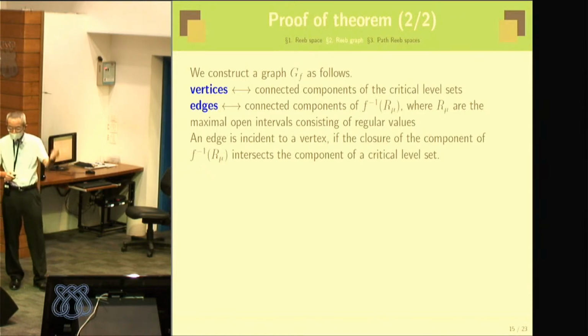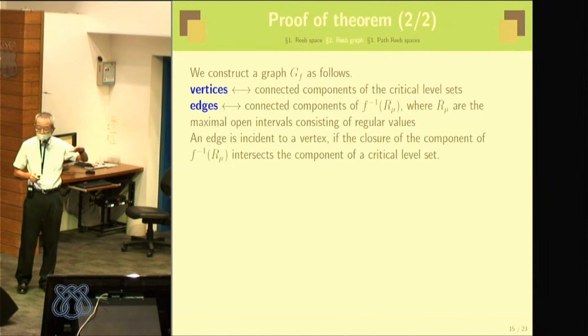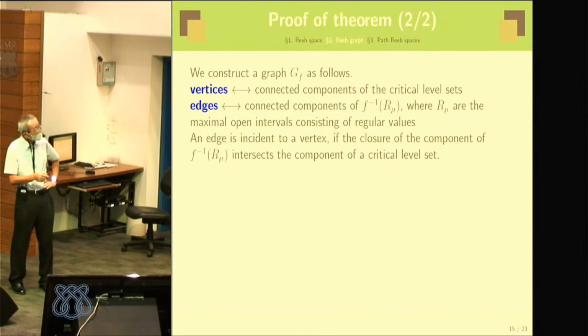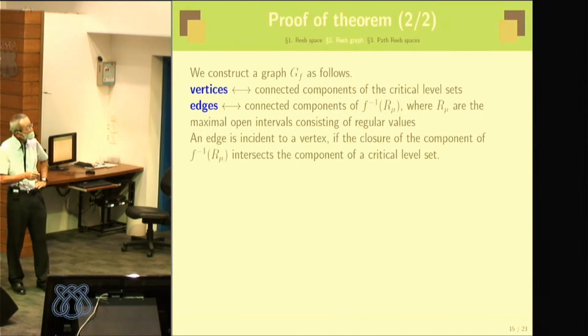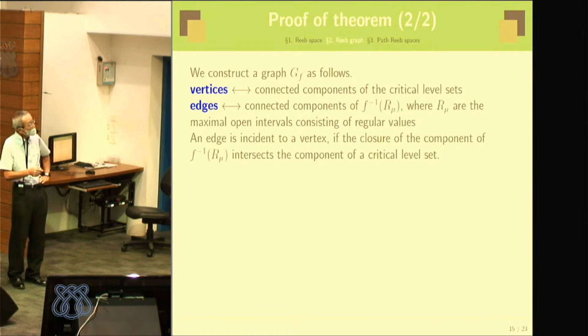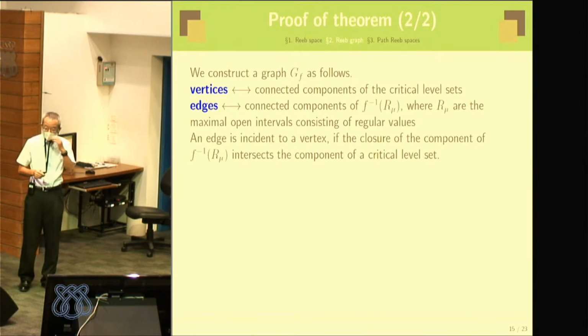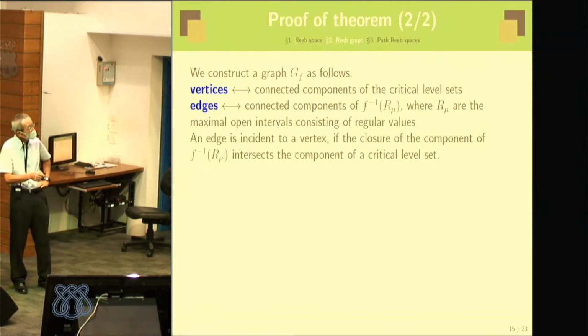So the real line is divided into several open intervals by the critical values. The inverse image of these is a codimension zero submanifold, and you take the connected components. Of course, there are finitely many, because we have assumed that the manifold M is compact, so it has only finitely many connected components.